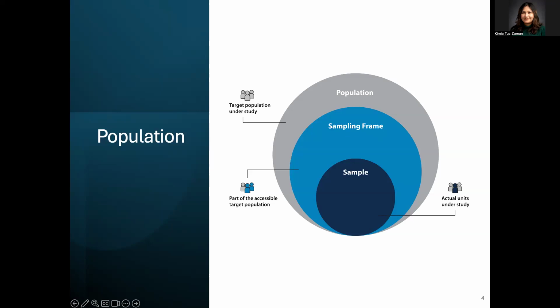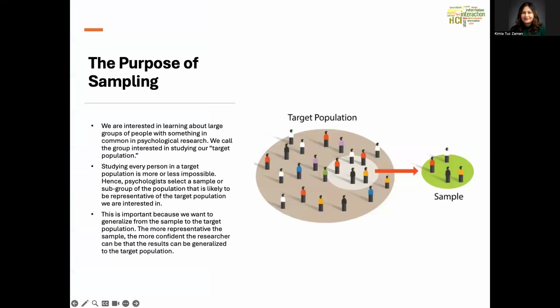So it's never perfect. Some eligible people may be missing and some ineligible ones may slip in. The sample is the subset we finally select and measure. If our frame is credible and our selection method is sound, this sample can speak for the overall population.